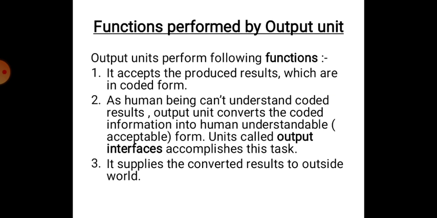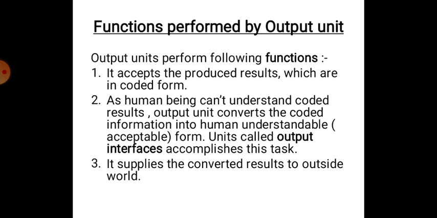Functions performed by the output unit. Output unit performs the following functions. It accepts the produced results which are in coded form. As human beings cannot understand coded results, the output unit converts the coded information into human understandable form.